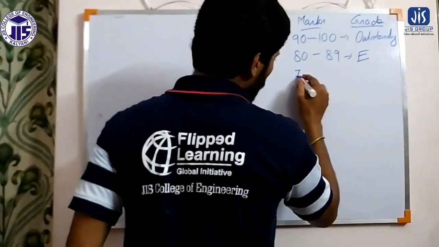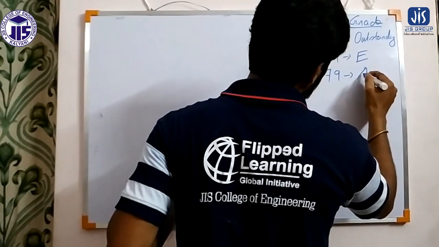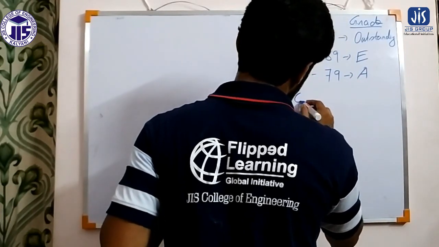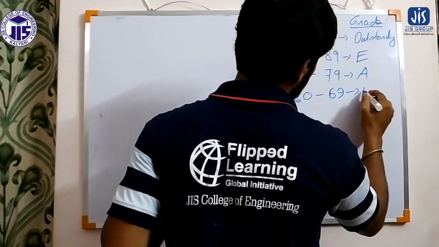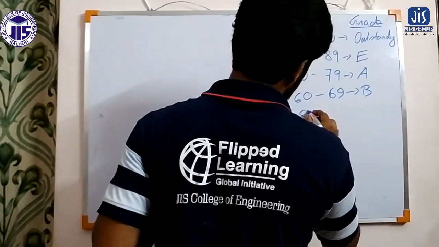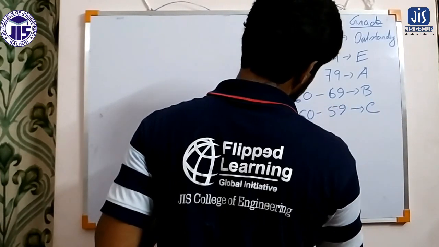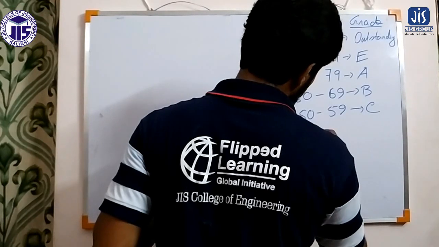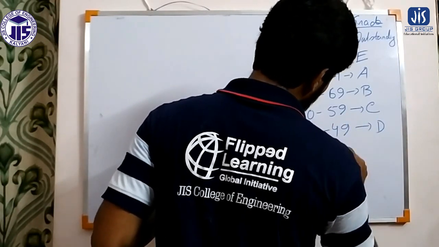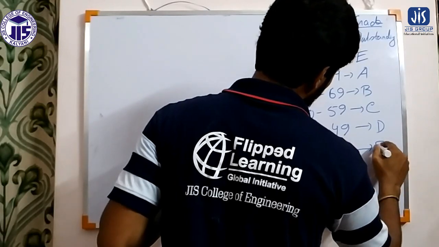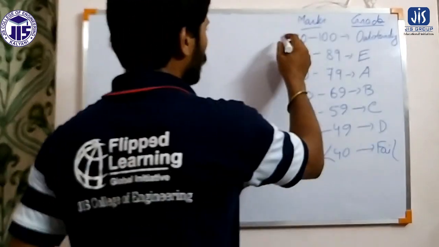If the marks are 70 to 79, then it will be average. Then 60 to 69, 50 to 59, 40 to 49, D, and less than 40 is fail. So this is the range we have considered.